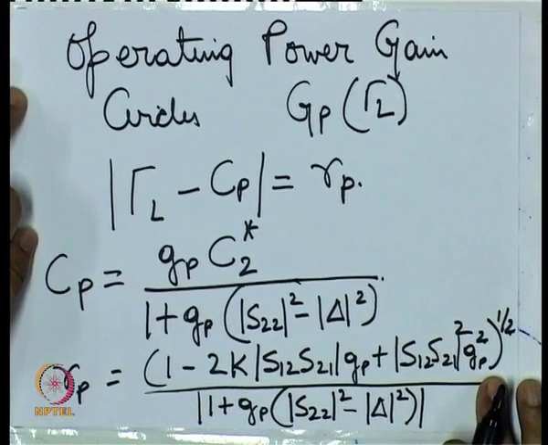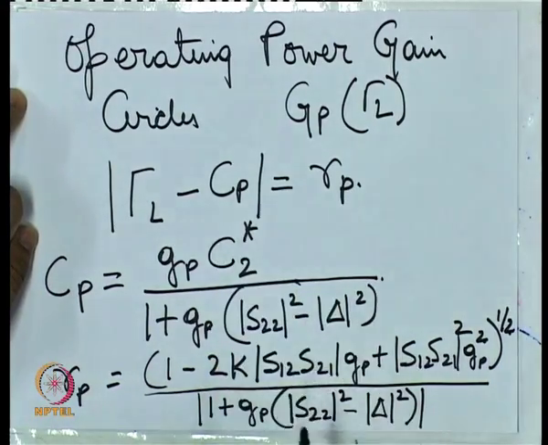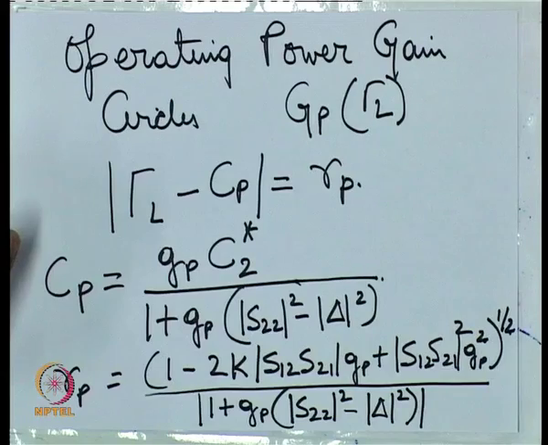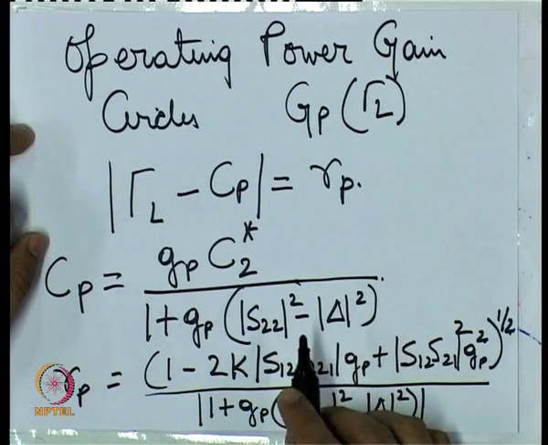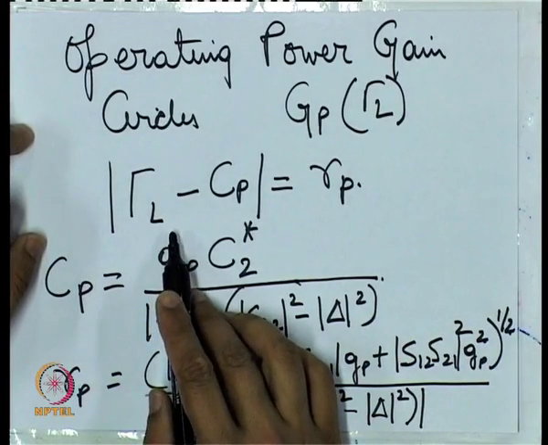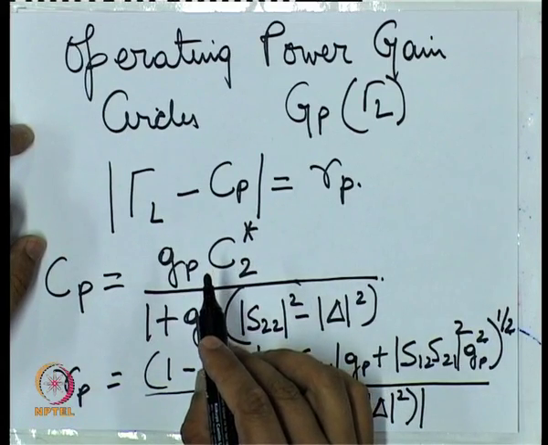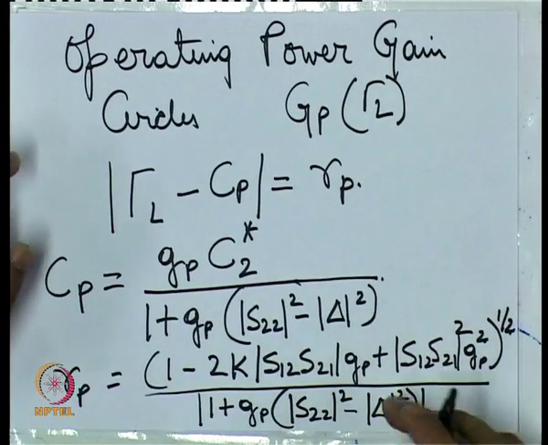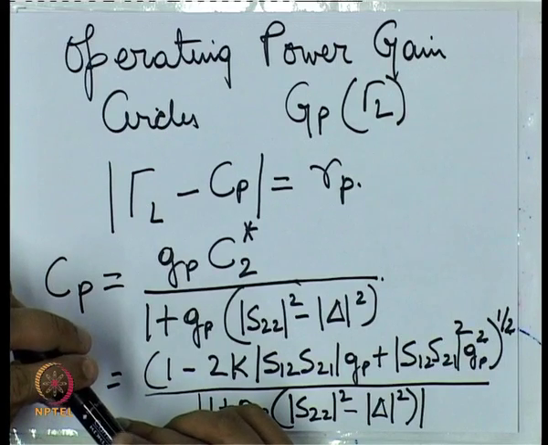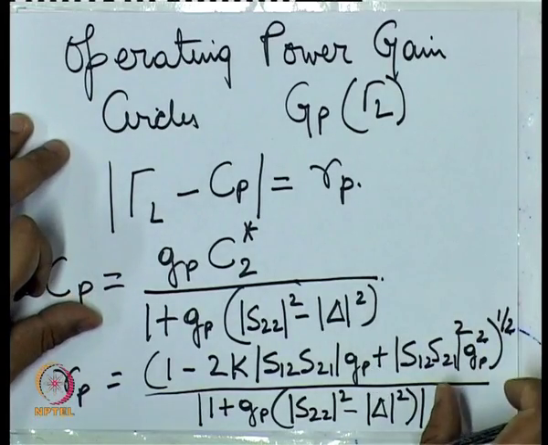This is the value of the Cp, that is the center of this circle, and Rp, the radius of this circle. This, recall, is an output stability circle because it is a function of gamma L. The center of the output stability circle, the center of the constant Gp circle, and the point gamma L equal to 0 are collinear.